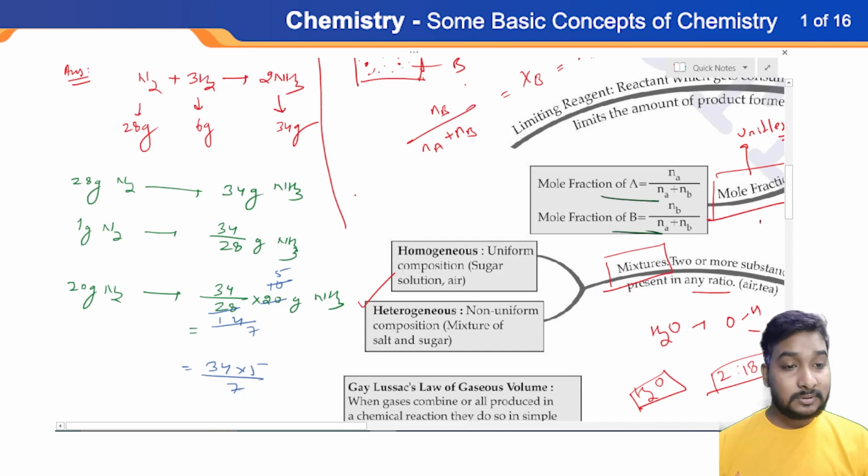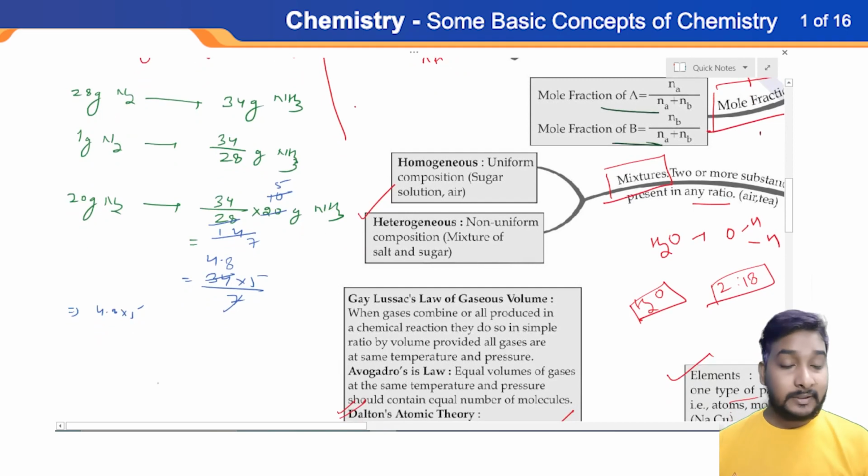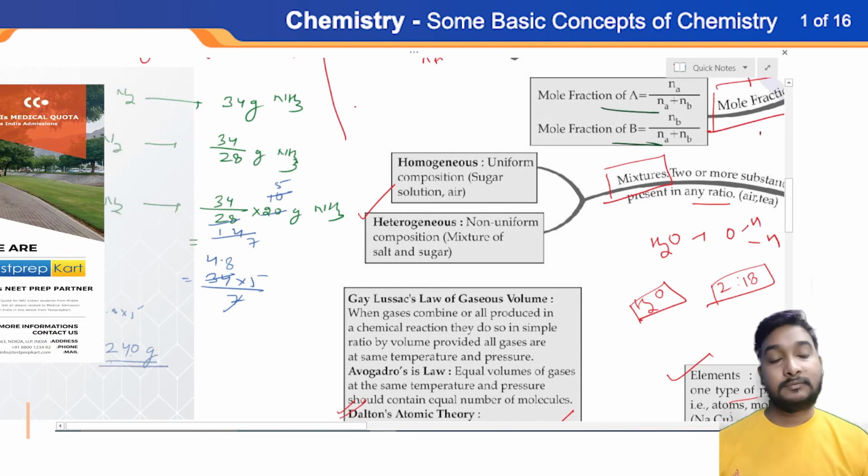Then 7 fours are 28, so 4.8. So 4.8 into 5 should be equal to 24. So 24.0 gram. Okay.